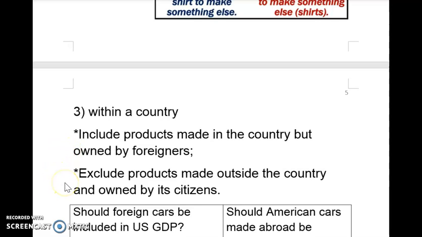Exclude products made outside the country and owned by its citizens. Some of the American-owned products are actually produced outside the United States. We don't count ownership. So as long as they are produced outside our country, we don't count them into our GDP.